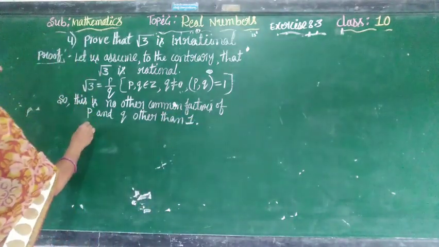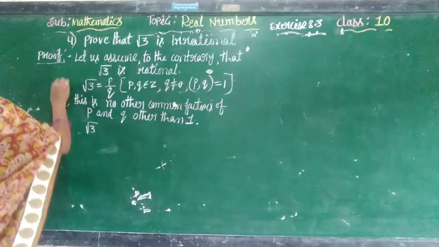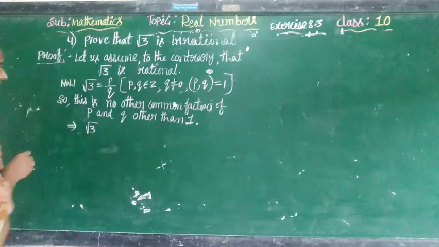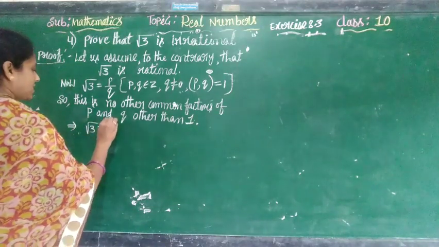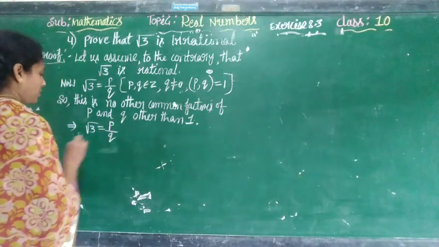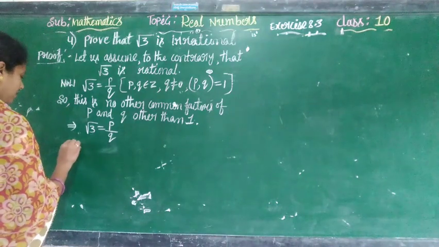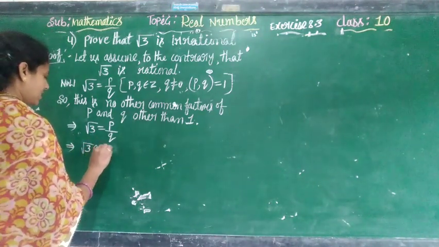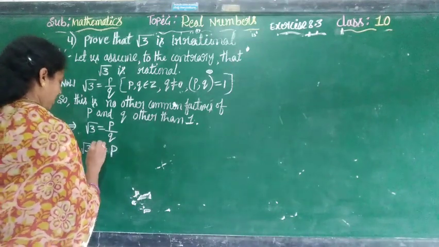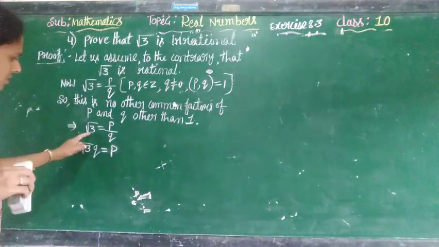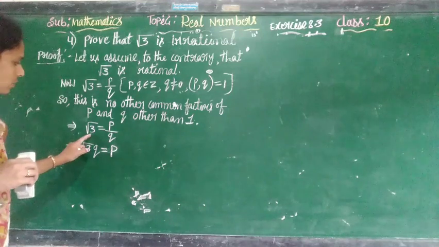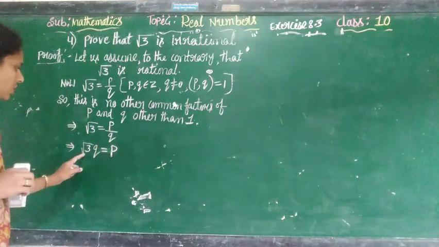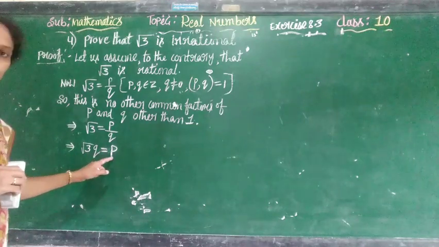Once again, root 3 is equal to p by q. This implies that root 3 q is equal to p.